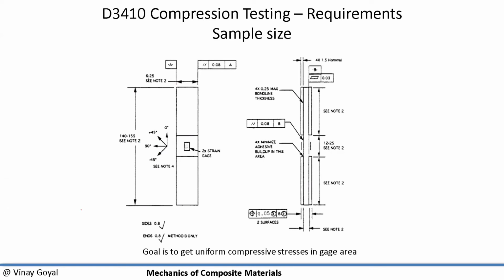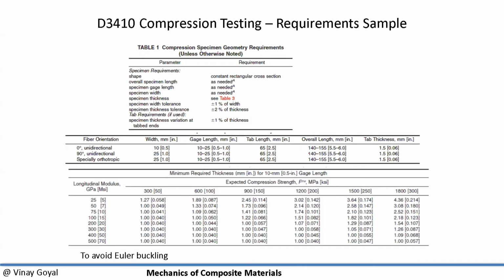In the D3410 compression test requirement, you're looking at applying a uniform compression stress in the gauge area. And you're applying compression in this regime. Here are the compression test requirements for that sample. I don't want to go into extensive detail.